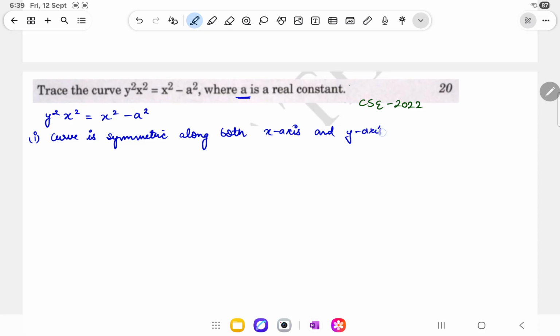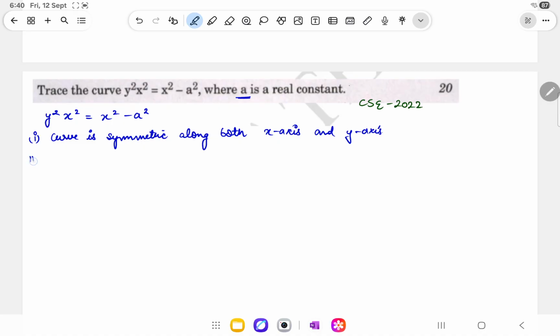You can check that by substituting y with minus y. If you get the same curve, then it is symmetric about the x-axis, and if you substitute x with minus x and get the same curve, then it is symmetric about the y-axis.